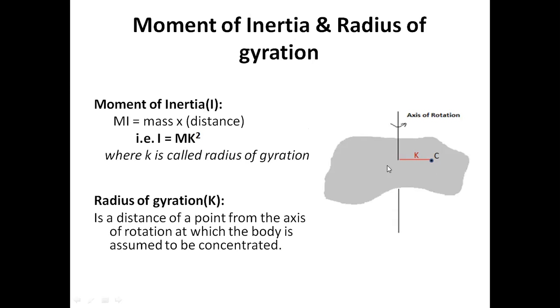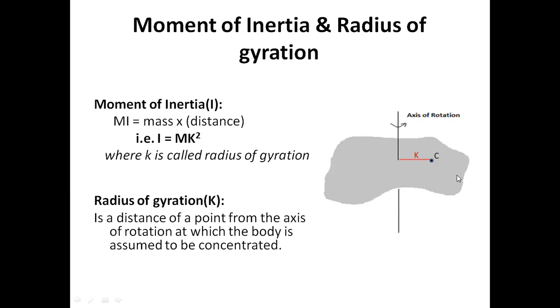Then the moment of inertia of this rigid body rotating about this axis is given by I equals Mk squared, where k is called the radius of gyration. So the radius of gyration is the distance of the point from the axis of rotation at which the entire mass of the body is assumed to be concentrated.